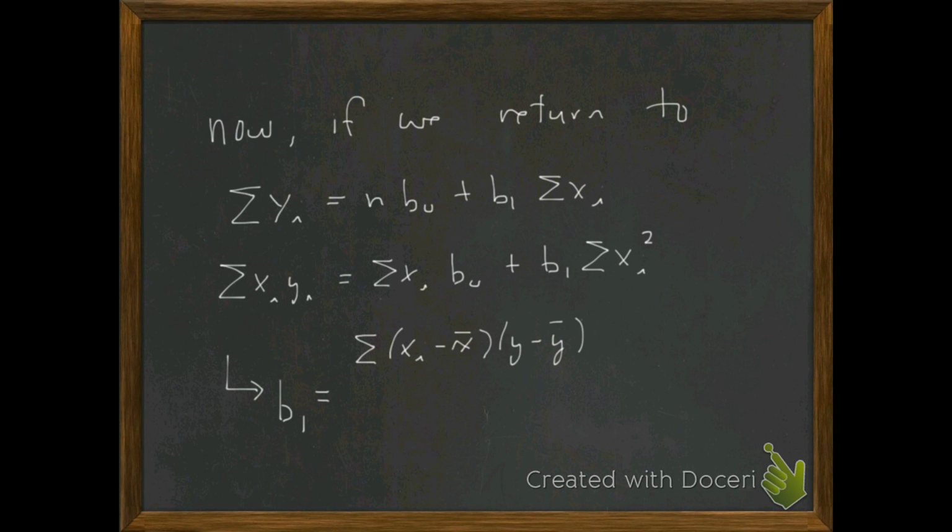And don't get too tore up about this. Really, all we're saying is to find our estimates of beta 0, beta 1, there are numerous approaches. Least squares.